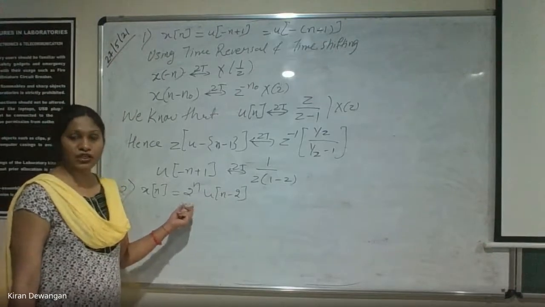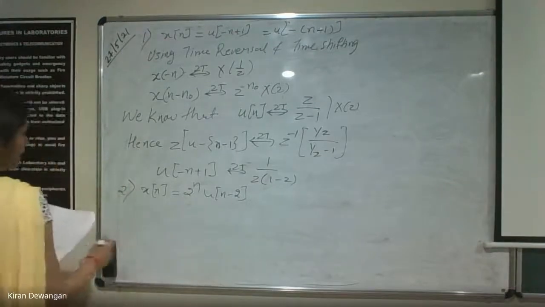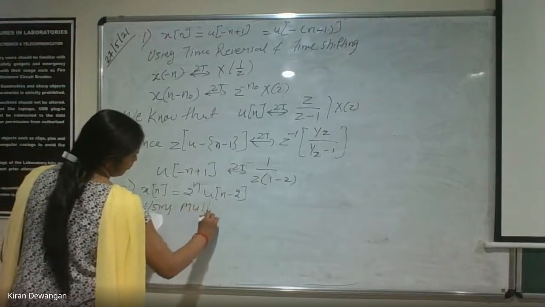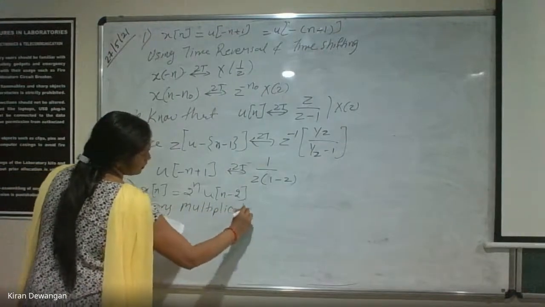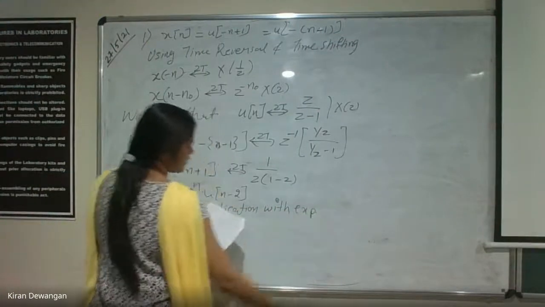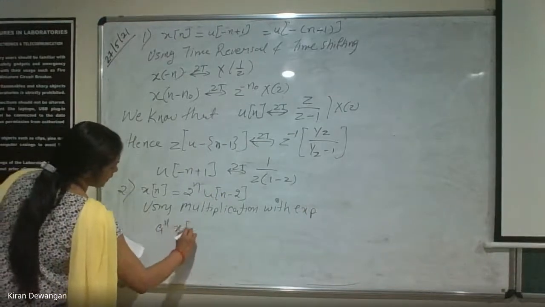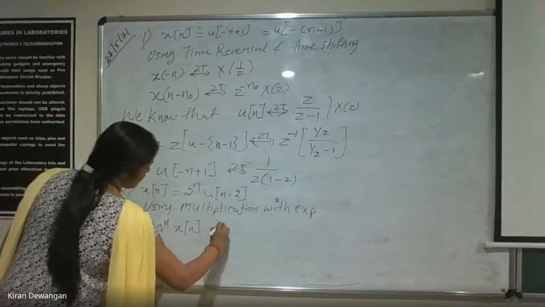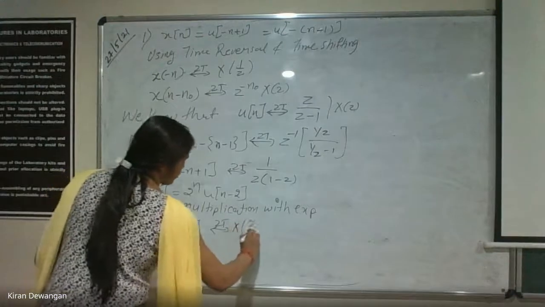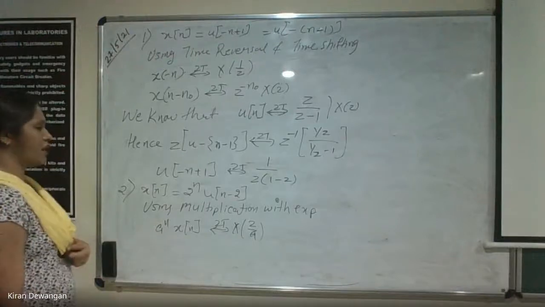Multiplication by exponential, a to the power n x of n. तो वहां पर हम ये property use करेंगे, multiplication with exponential. ठीक है. What is it? क्या था property? A to the power n into x of n will have z transform x of z by a. ठीक है.